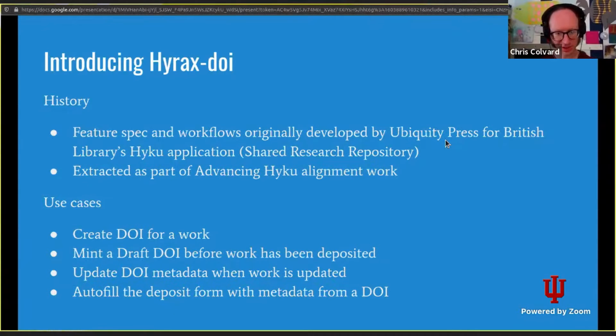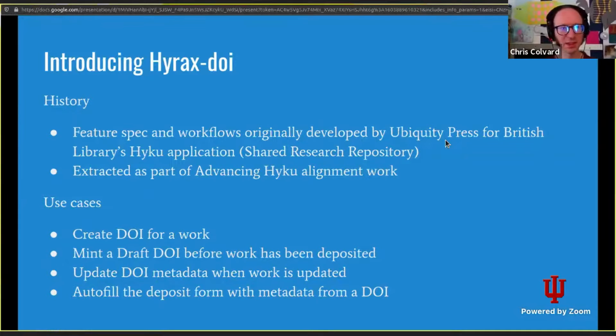The use cases it has seem to match and exceed the use cases that I saw in previous work. Beyond just creating a DOI and updating its metadata when a work is updated in the repository, there are also DataCite-specific features, like being able to create a draft DOI before a work has been deposited.